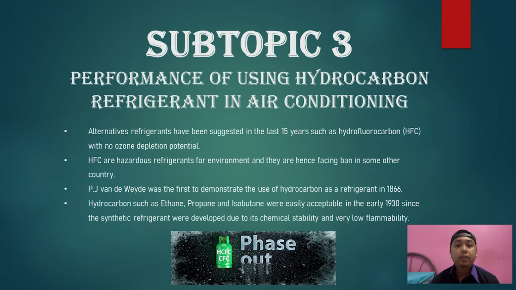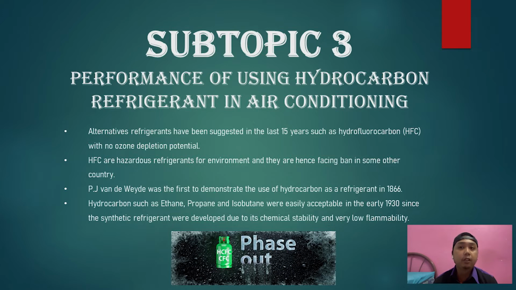Assalamualaikum and hi everyone. My name is Afiq bin Anuar. I shall continue with subtopic 3, which is the performance of using hydrocarbon. Alternative refrigerants have been suggested in the last 15 years, such as hydrofluorocarbon (HFC) with no ozone depletion potential. HFCs are hazardous refrigerants for the environment and hence are facing bans in some countries.